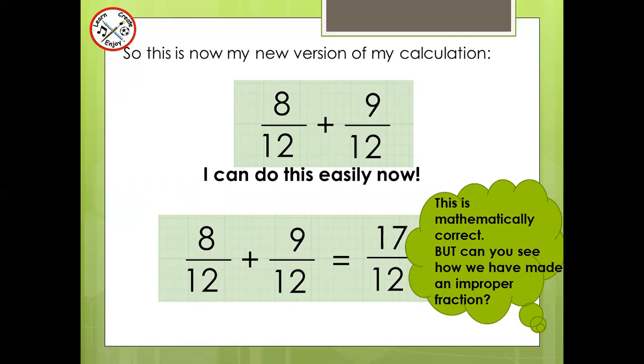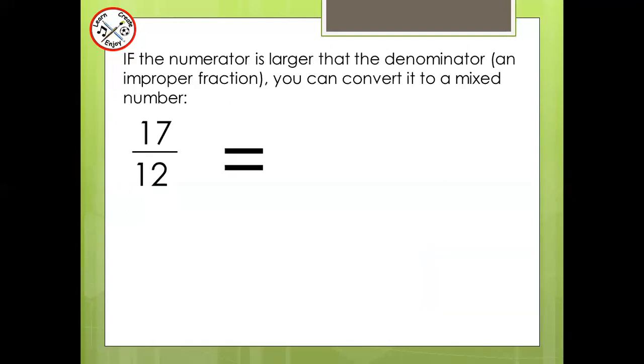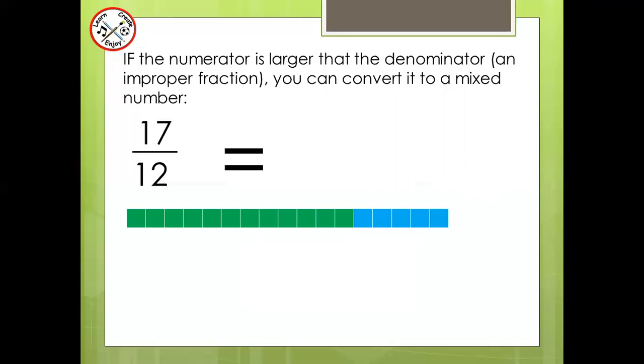But looking at the fraction we have now made, can you see how we've made an improper fraction, where the numerator is larger than the denominator? You can leave it, it's totally fine to do that, but you can also convert it to a mixed number, just to prove that you know inside and out exactly what you need to do with those fractions. My little diagram below shows I've got all my 17/12, 17 pieces.